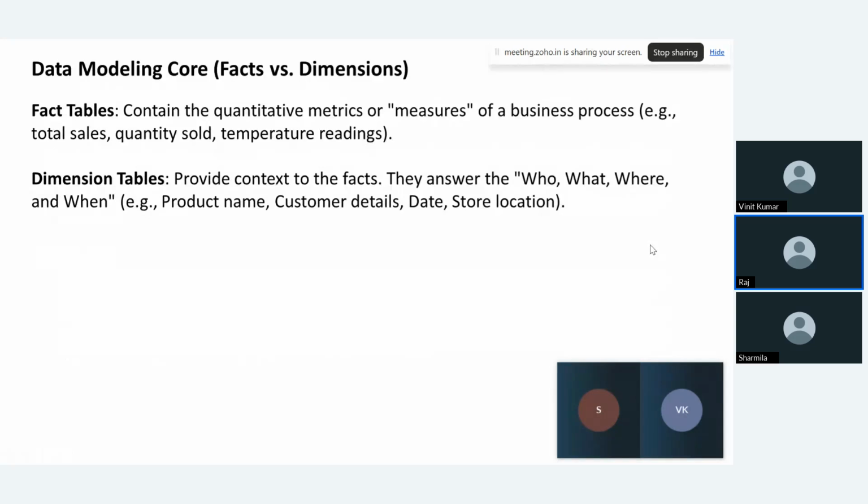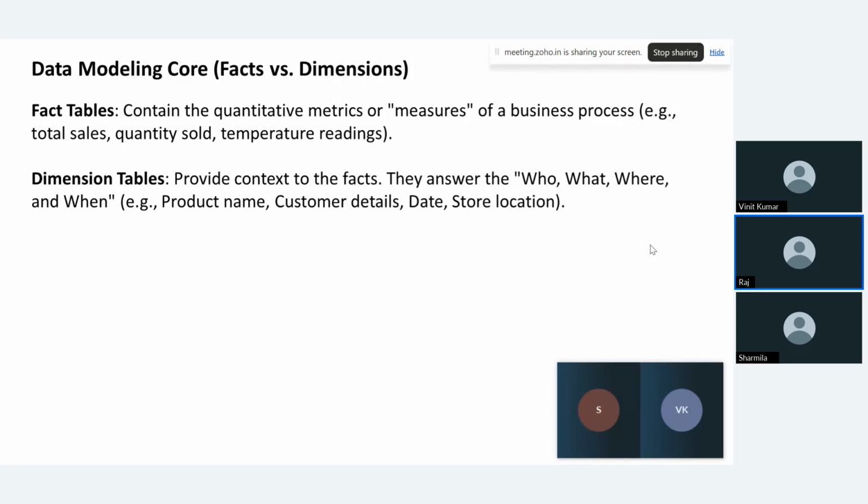Then, different schemas are there. Basically, we have star and snowflake schemas, right? Within each, we have fact tables and dimension tables. Fact tables contain quantitative metrics, measures in terms of numerical, quantifiable data, business events, sales amounts, high volume of data.